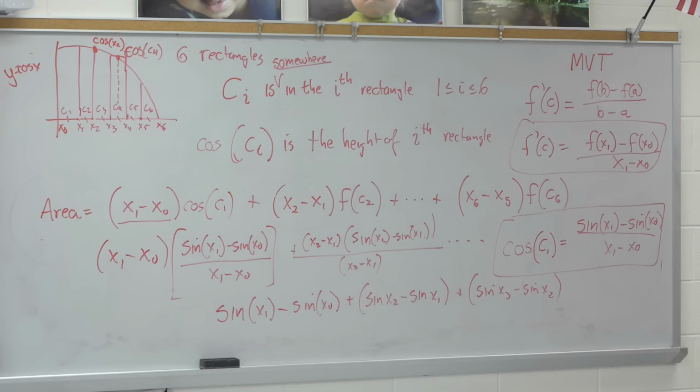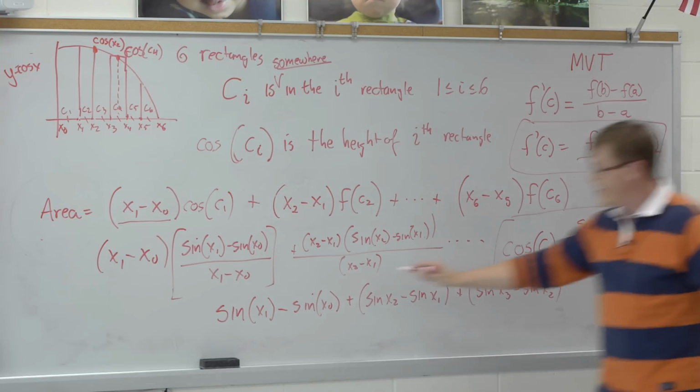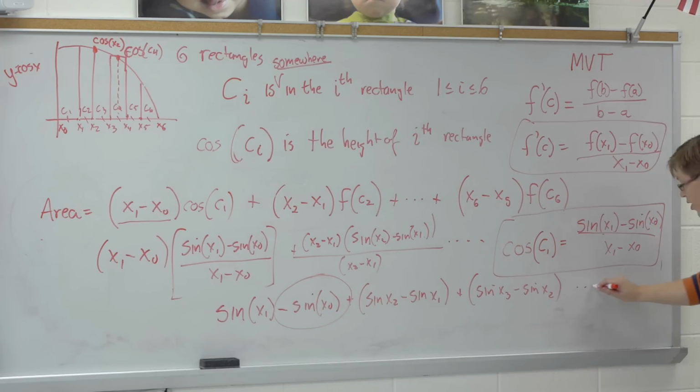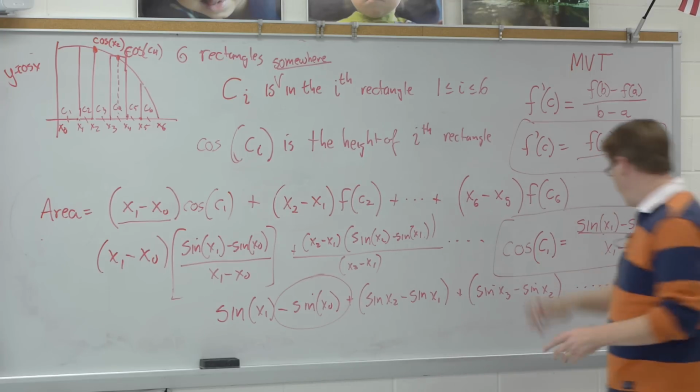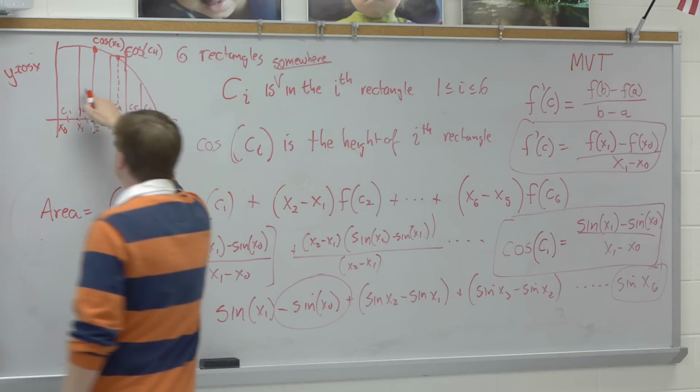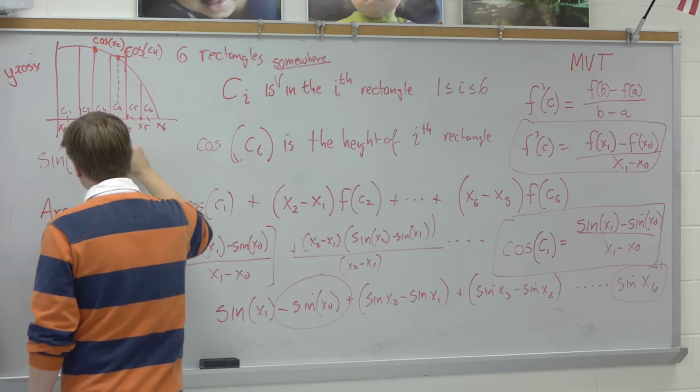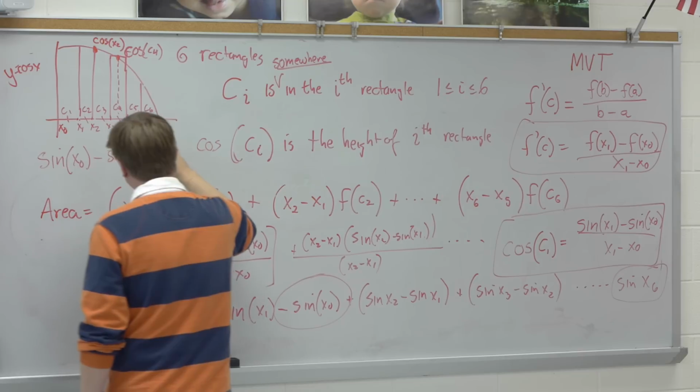They're all canceling out except for sine of x0, which is the first, and the last. Because way over here, I'm going to have a sine of x6, and nobody cancels it. So this whole area of these 6 rectangles is sine of x6 minus sine of x0.